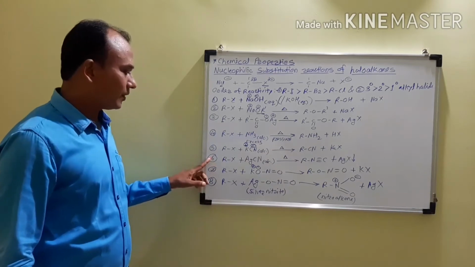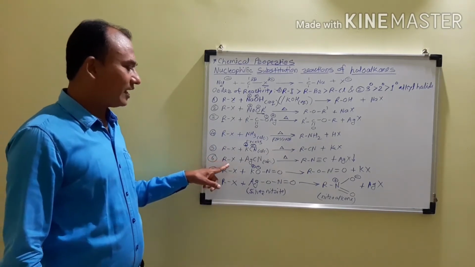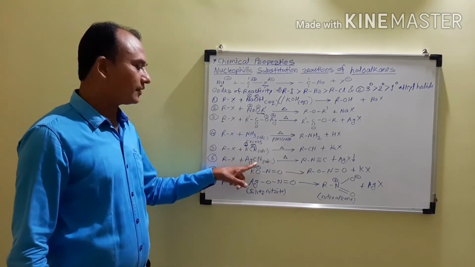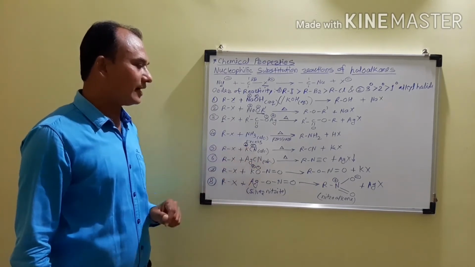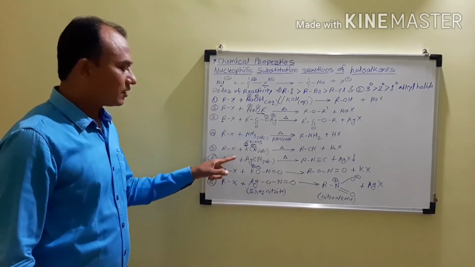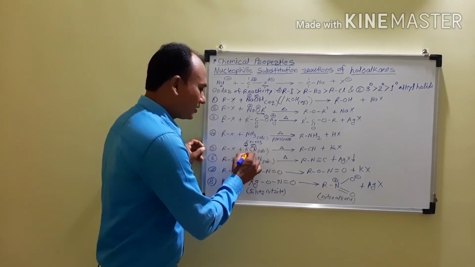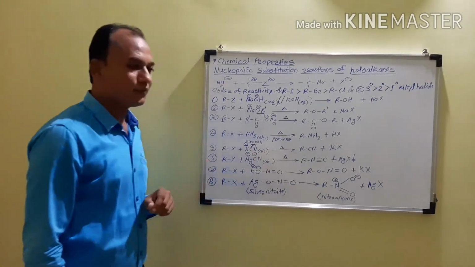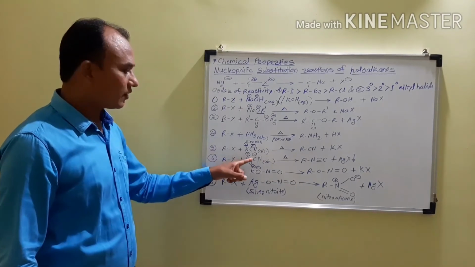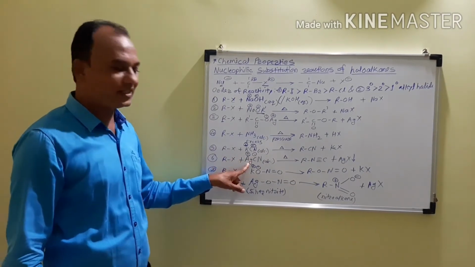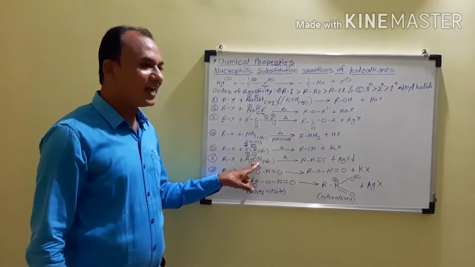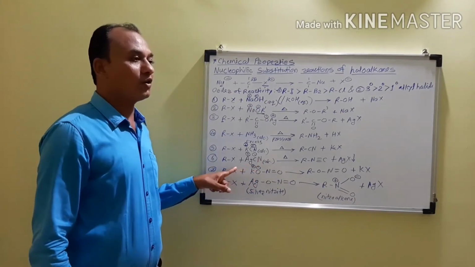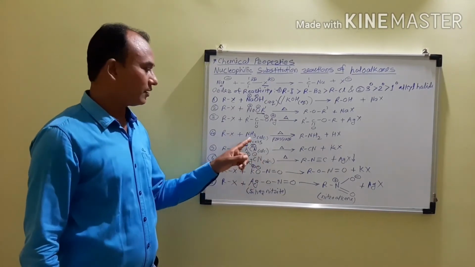Now next example, in the next example, alkyl halides react with alcoholic silver cyanide. In that case, Ag plus, Ag carries a positive charge, cyanide carries a negative charge. Now in that case, when we are using AgCN as a reagent, this cyanide attacks through the nitrogen, not through the carbon.